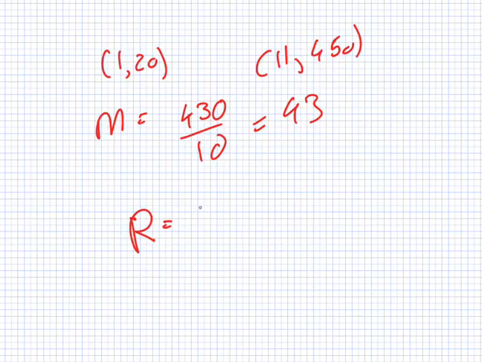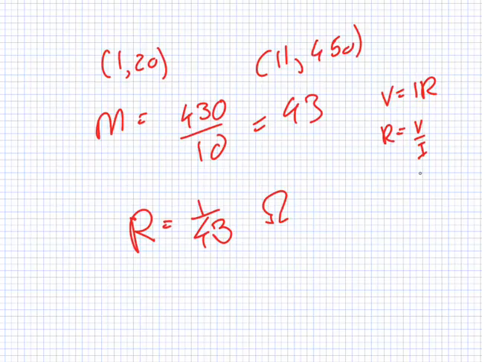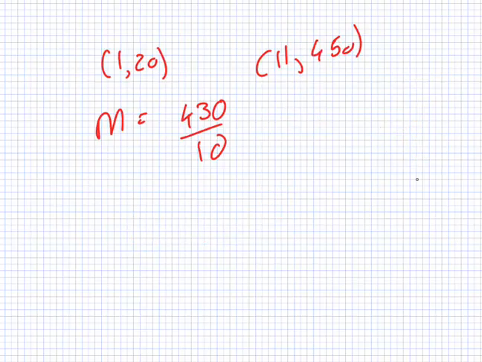It would be 1 over 43 ohms. Oh wait, no, it's not ohms, because remember we have V equals I R, so R equals V over I, but the I here is in milli. So I should fix that first. Let me just go back a bit here.